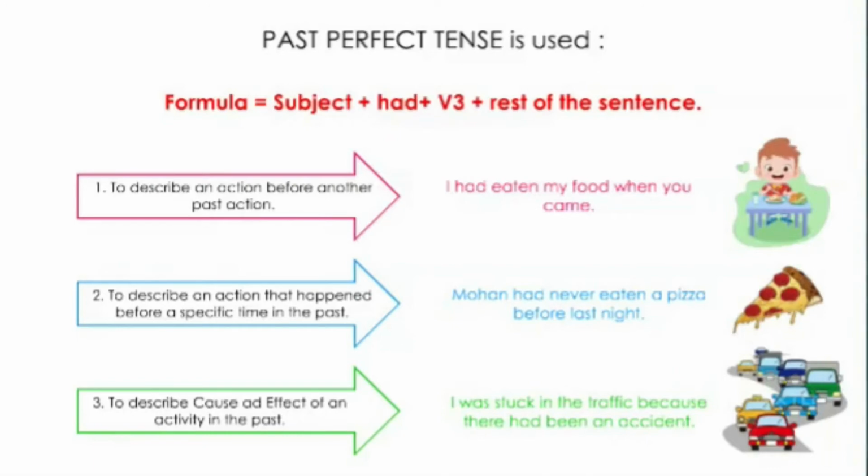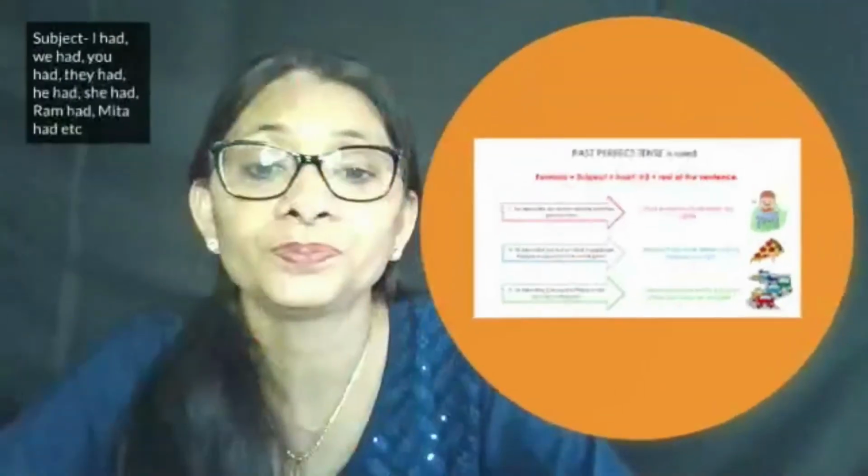If it is eat, it will be eaten. If it is sleep, it will be slept. If it is talk, it will be talked. If it is write, it will be written. So how will it be? Subject, suppose, I had eaten my food. I had eaten my food, like that. So let us see further.